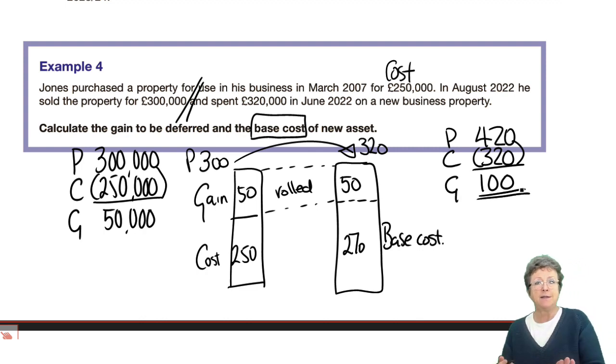If it was in isolation, he bought it for 320, he sold it for 420, he made a gain of 100. However, it's got a gain rolled over or deferred into it.